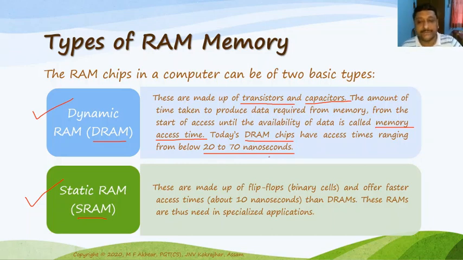However, static RAMs are made up of flip-flops, binary cells, and offer faster access time. Its access time is almost 10 nanoseconds, which is much faster than dynamic RAMs. These RAMs are needed in specialized applications. This static RAM is installed in some specialized computers. These are not available in our computers.